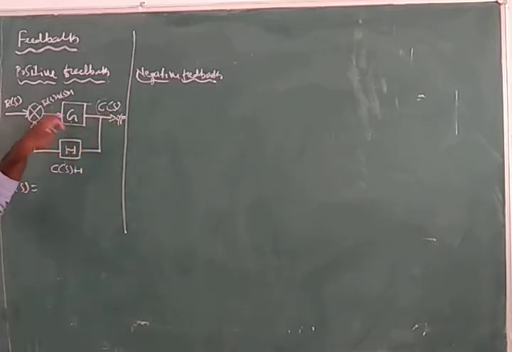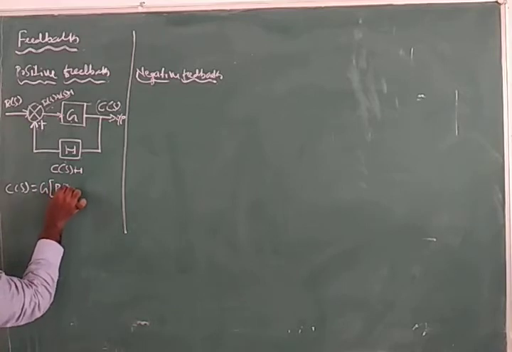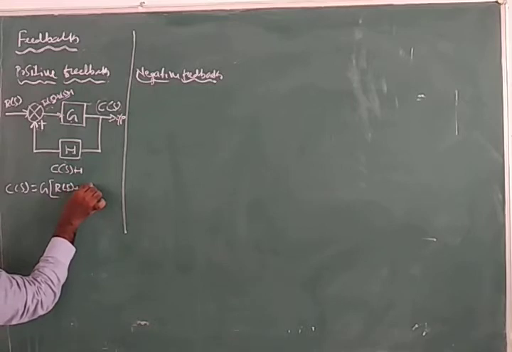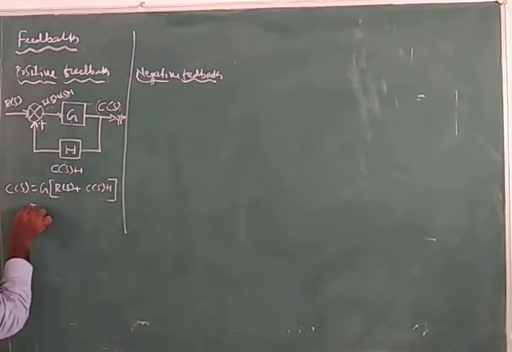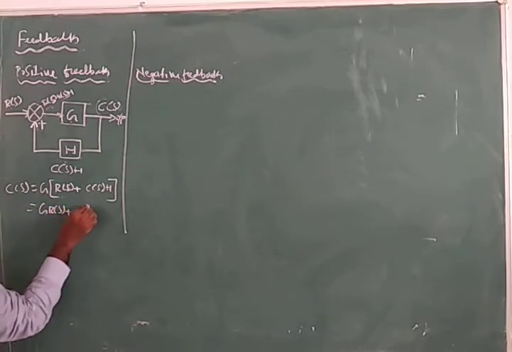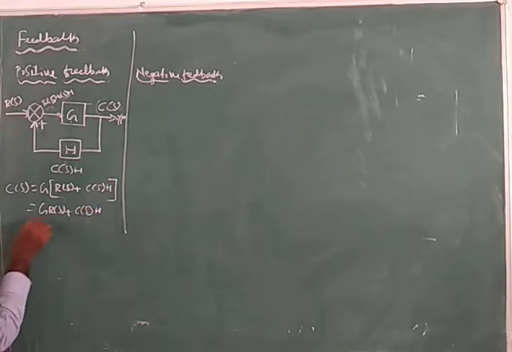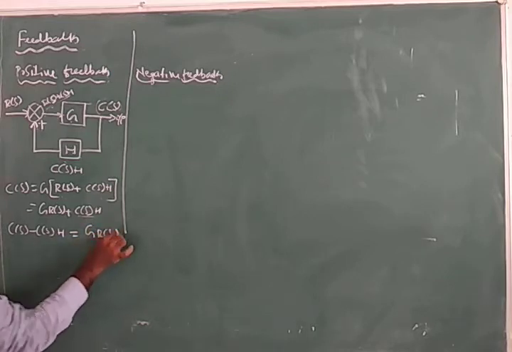So here G into R of S plus C of S into H. Multiply this, do the simplification: G into R of S plus C of S into H. Take the C of S term to the left hand side: C of S minus C of S into H is equal to G into R of S.